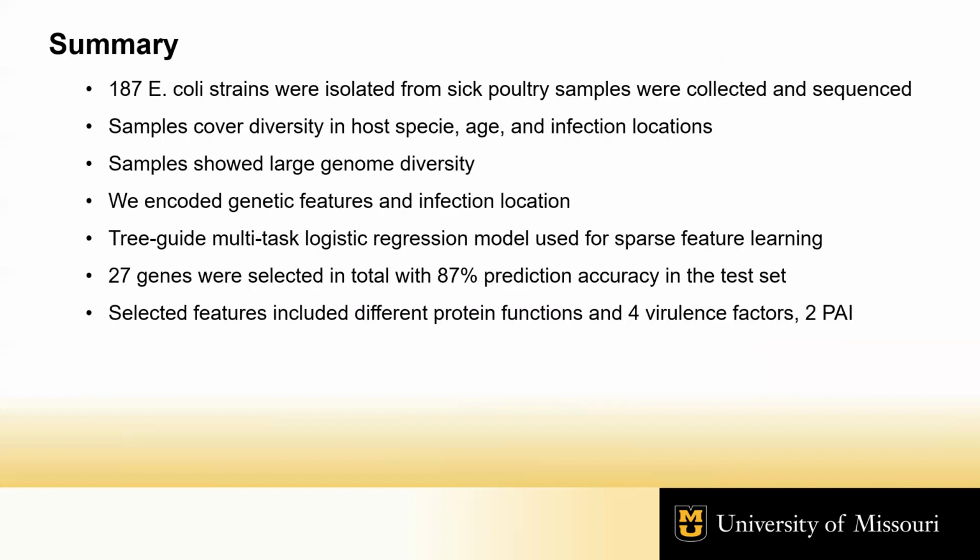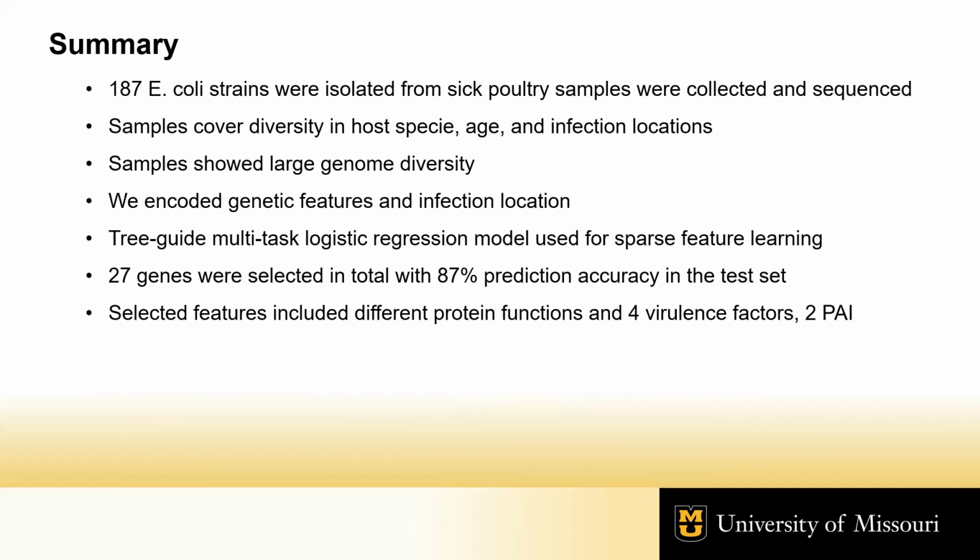So this is the summary of this study. 187 E. coli strains isolated from sick poultry samples were collected and sequenced. Samples cover diversity in the host species, age, and infection locations, as well as large genomic diversity. We encoded the genetic features and the infection locations.